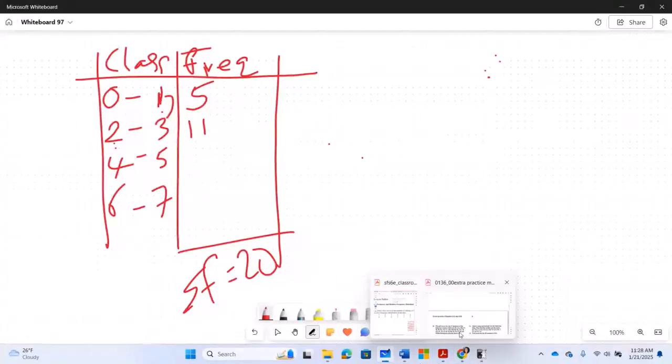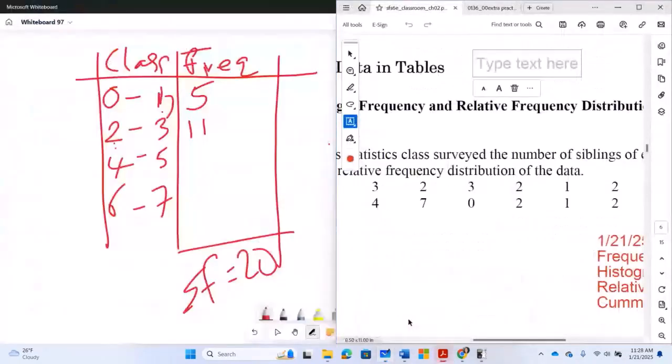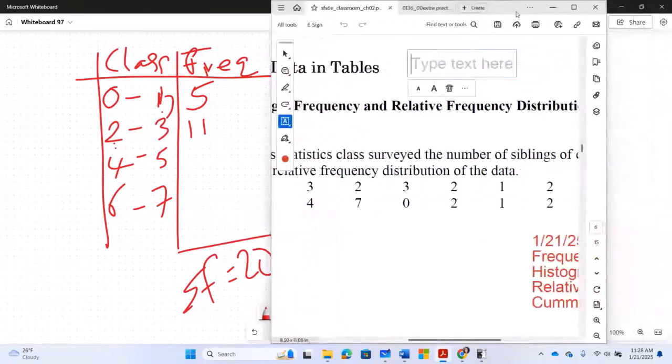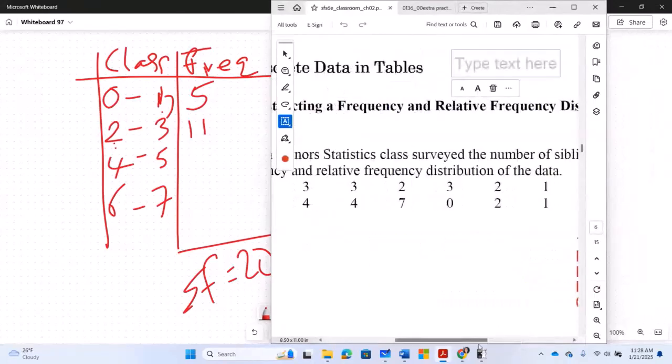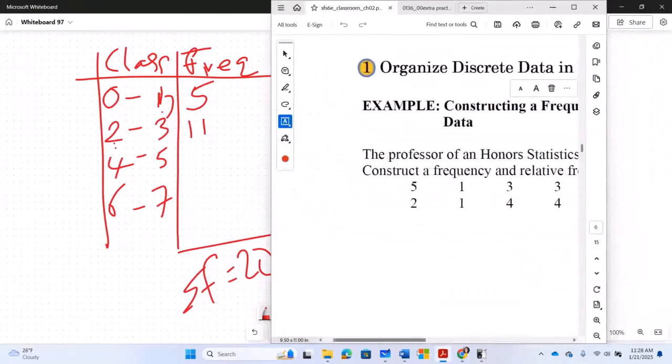I'm going to pull the data again. I'm going to count the members of 4 to 5, any numbers between 4 and 5. That goes 1 here. All right, numbers between 4 and 5.